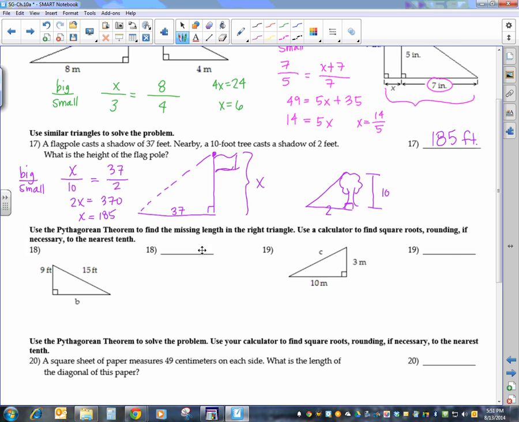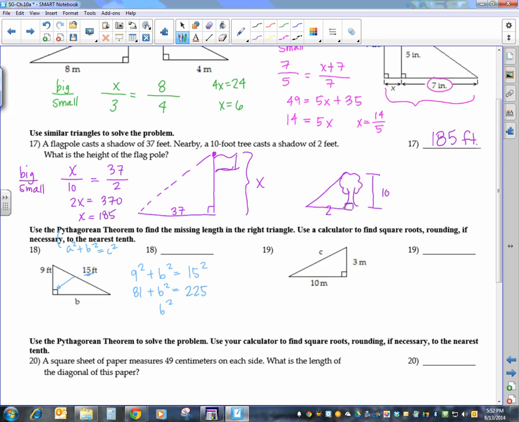Use the Pythagorean Theorem to find the missing length in the right triangle. Hopefully you all remember your Pythagorean theorem says a squared plus b squared equals c squared. The most important thing to remember is c is always the longest side, the one that is opposite the right angle. So in this particular triangle, you should have 9 squared plus b squared equals 15 squared. 9 squared is 81 plus b squared equals 15 squared is 225.